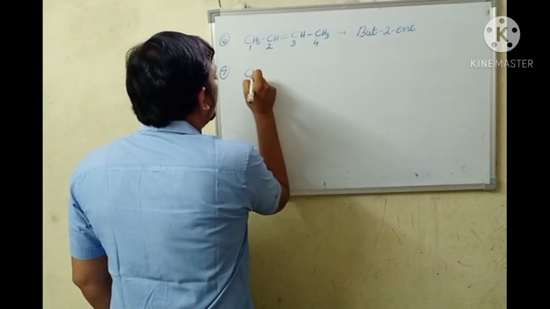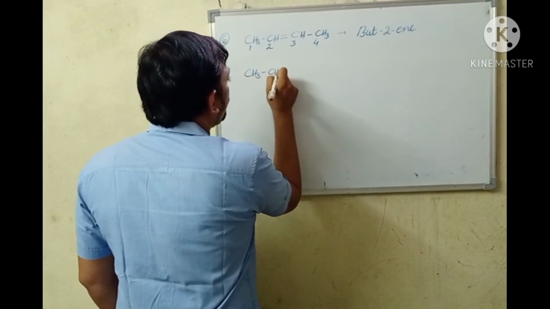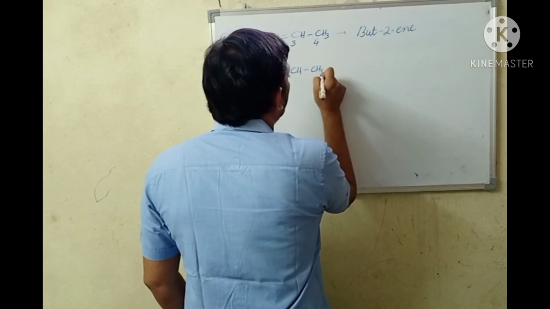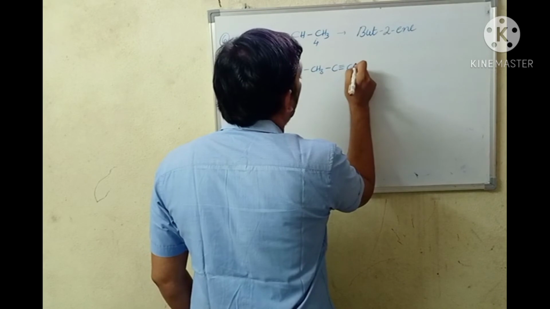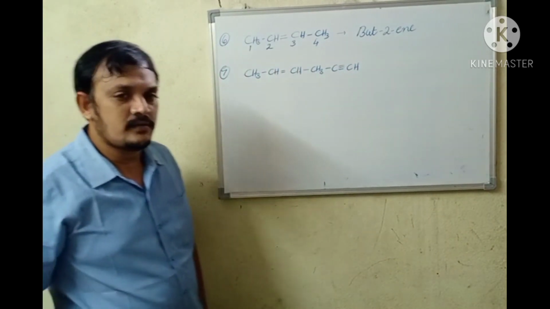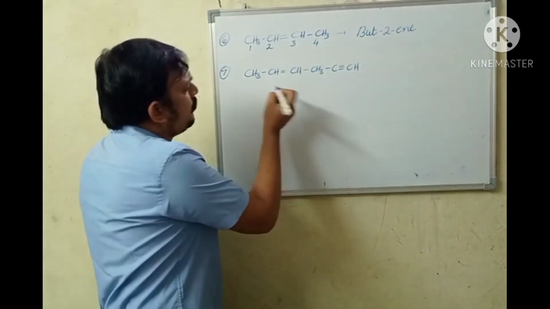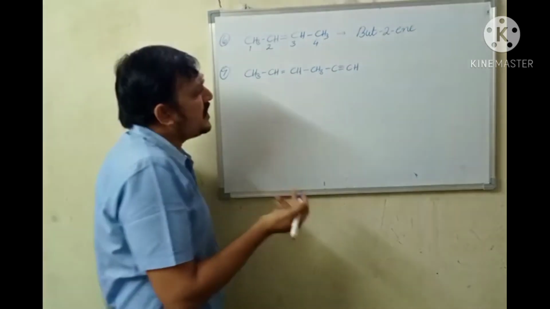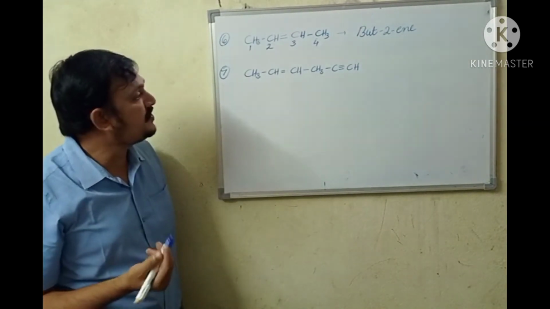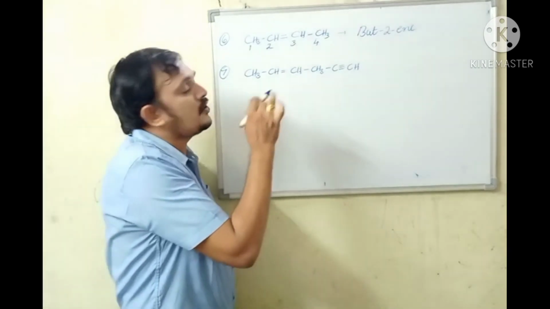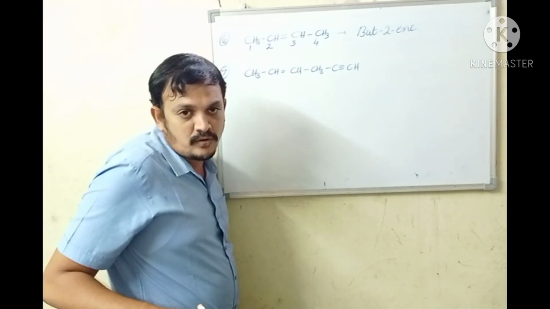So another compound, consider CH3, CH double bond CH, CH3, C triple bond CH. Like this a compound is there. So parent chain, single chain, no substituents are there, no problem. So numbering, where do you have to start? Double bond and triple bond are there. If a double bond and triple bond are there, you follow the lowest sum rule.